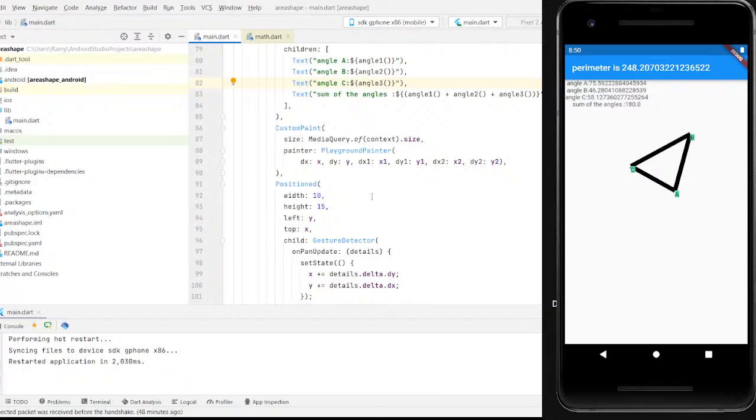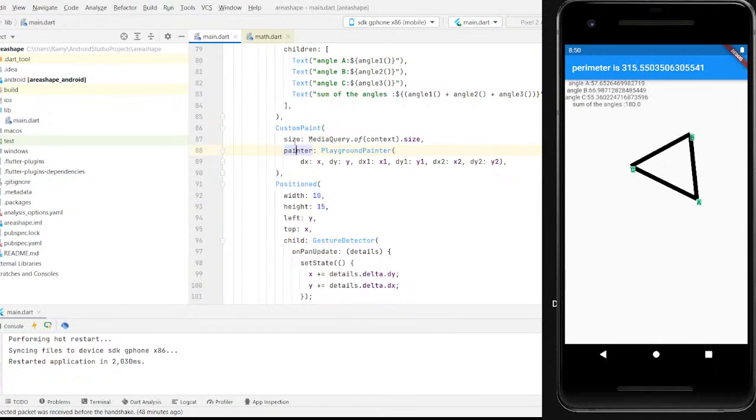And here the custom paint class. We have used the custom paint class to draw the lines, the black lines as you see, to be plotted inside the scaffold of our application. We have mentioned the size of the custom paint to be media query size to have the full screen, as you see.